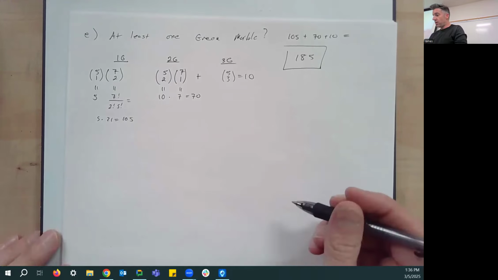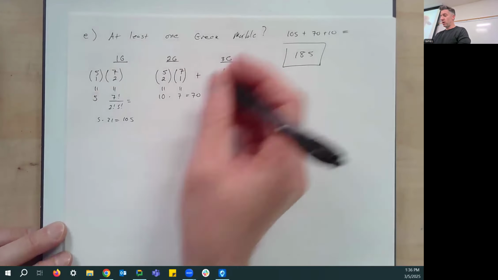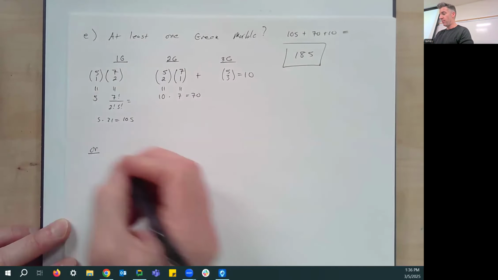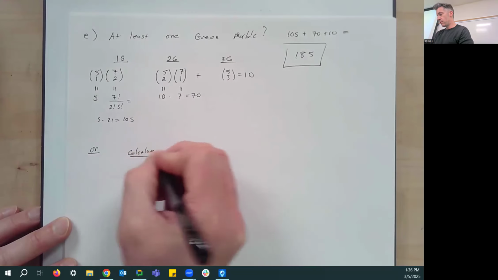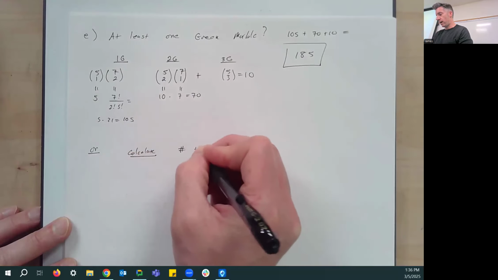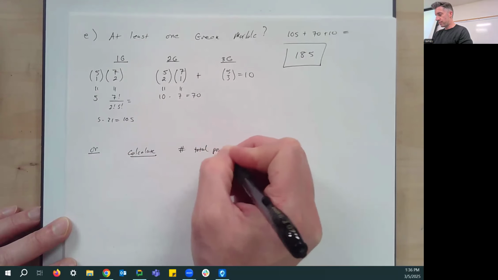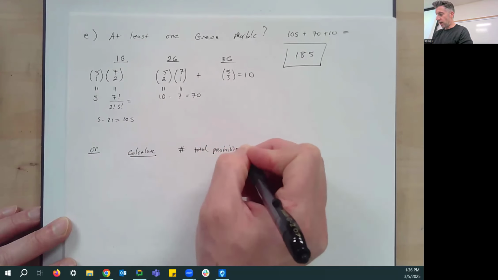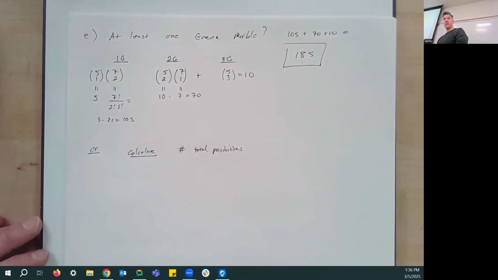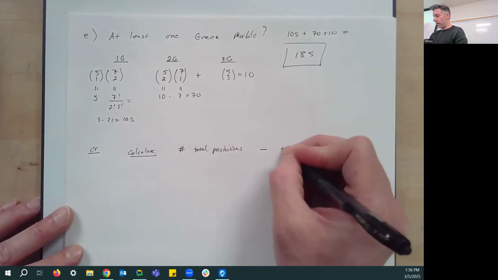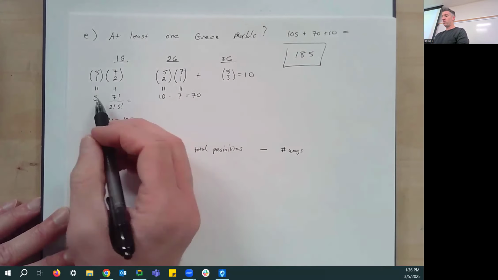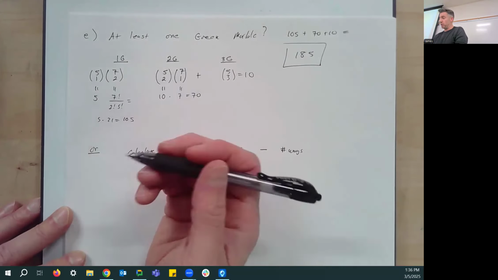So instead of doing at least one green, another way of calculating this is to calculate the number of total possibilities, meaning how many ways you can pick any 3 balls. And then we're going to subtract off the number of ways of getting, well, I don't want 1 green or 2 greens or 3 greens. I want no greens.